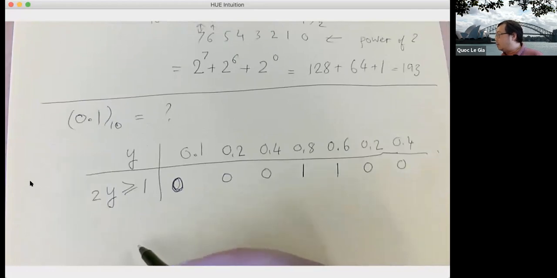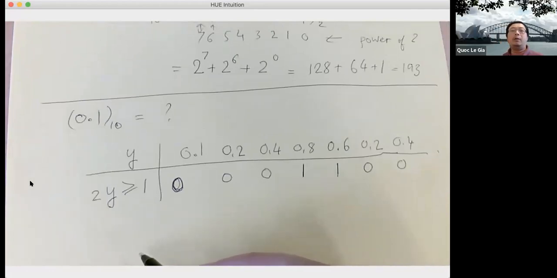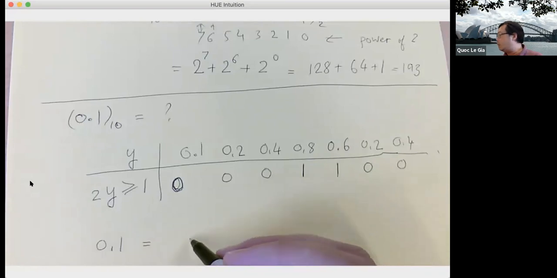It's like 1/3 when you try to approximate by a decimal. You got 0.33333, an infinite sequence. So the same here. So this one is 0.1 when you write it out in terms of binary, then you get an infinite sequence.